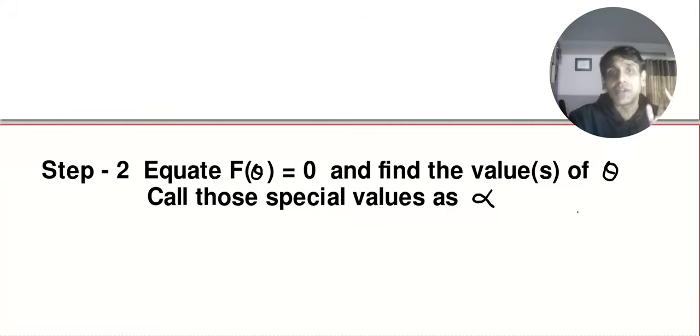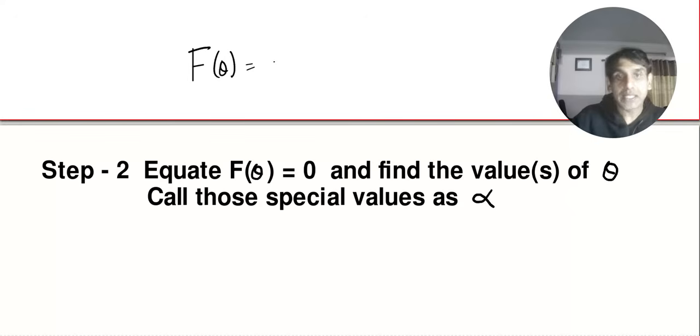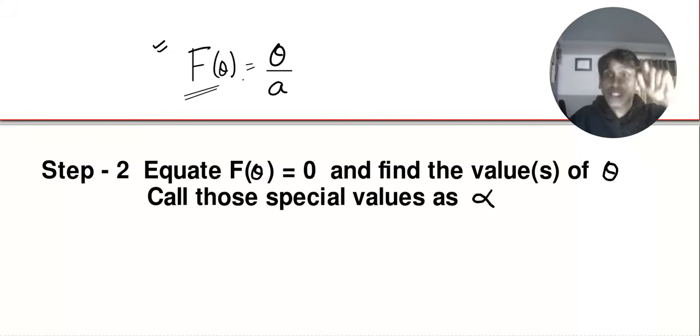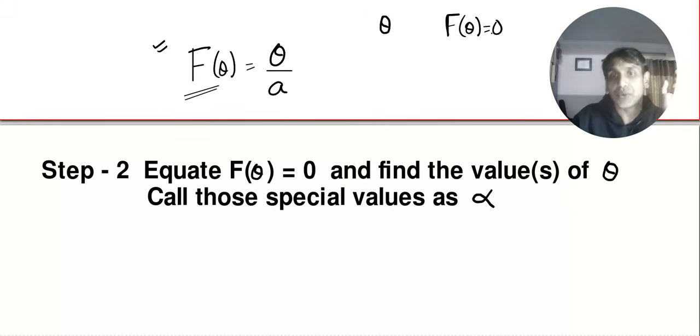Now step number 2. So don't forget, we got f of theta is equal to theta divided by a. In step number 2, what we do is we will equate this function to 0, or we will find the values of theta which will balance the equation f of theta is equal to 0.